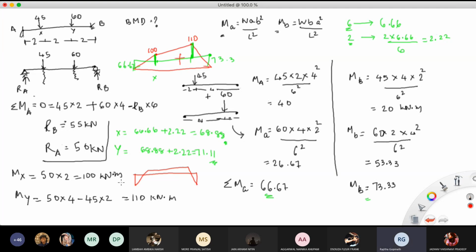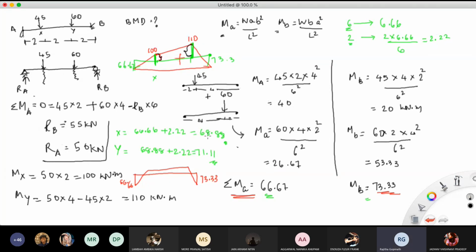ओके, सो MA मैंने फाइंड आउट किया इज 66.67, ये रहा। MB 73.33, ये भी यहाँ पे लिख सकते हैं। अभी x पे, MX पे मैंने ये फिगर आउट किया कि यहाँ पे दिस इज द डिस्टेंस आई नीड। दिस इज द डिस्टेंस आई एम इंटरेस्टेड इन, ओके। नाउ आई नो दैट 66.67 इतना है, उसमें से 2 ऐड किया तो MX पे नेगेटिव इज 68.88 और पॉजिटिव इज 100, right?